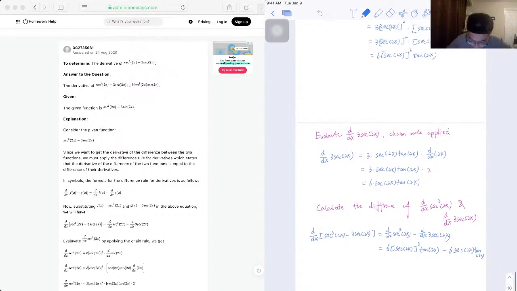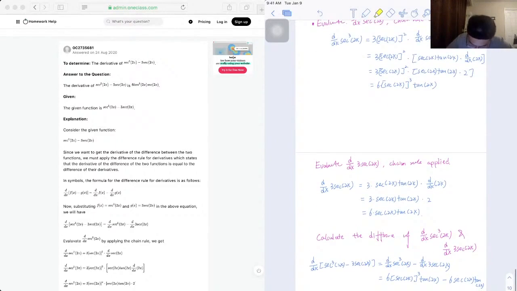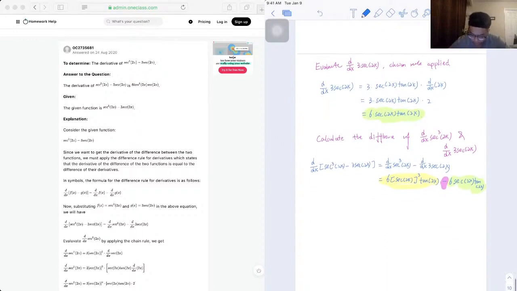And so the first part comes from here, and our second part comes from here. And we just need to do the subtracting. Right.